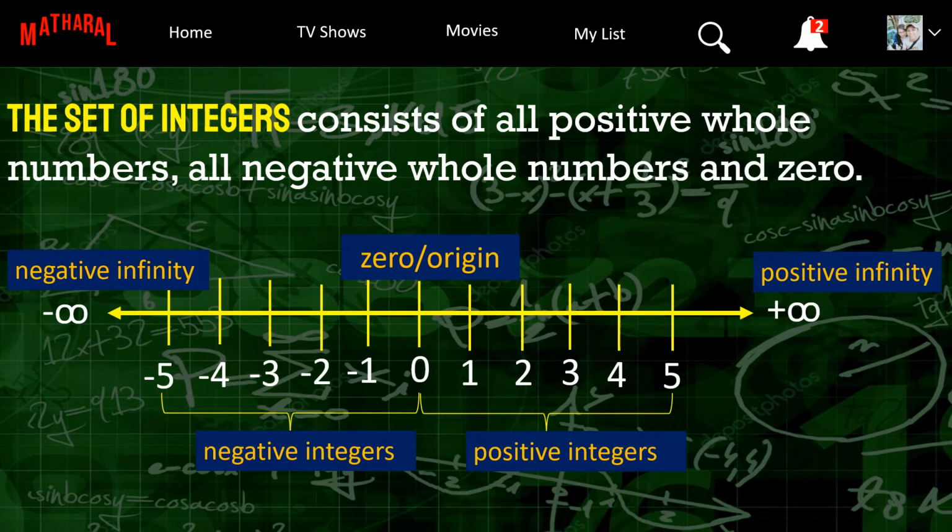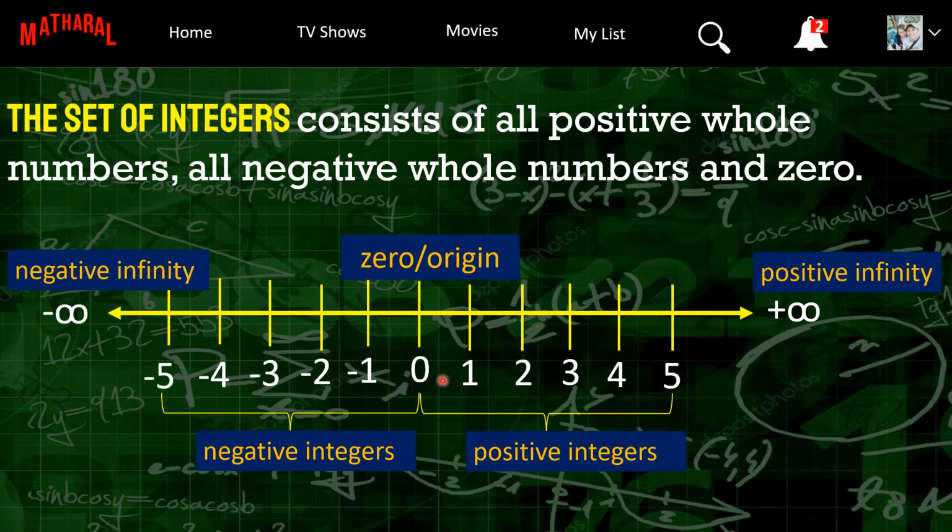The set of integers. The set of integers consists of all positive whole numbers and negative whole numbers as well as 0. So we're going to use again the number line itself with intervals, and I have labeled the interval here as 0 or the origin. From the right of 0, there are numbers 1, 2, 3, 4, 5.